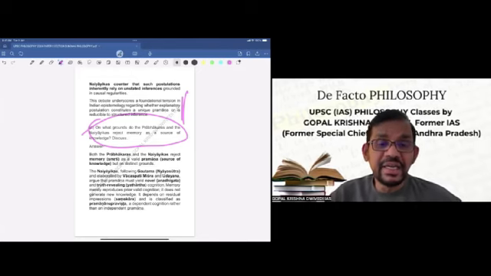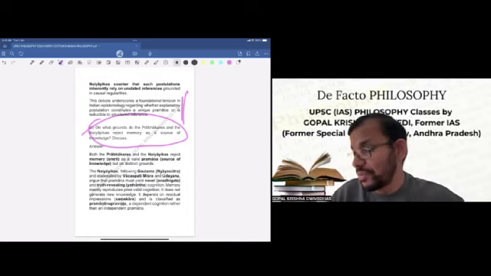Memory merely reproduces prior valid cognition. It does not generate new knowledge. It depends on residual impressions, that is samskara, and is classified as gṛhītagrāhi, a dependent cognition rather than an independent pramana.